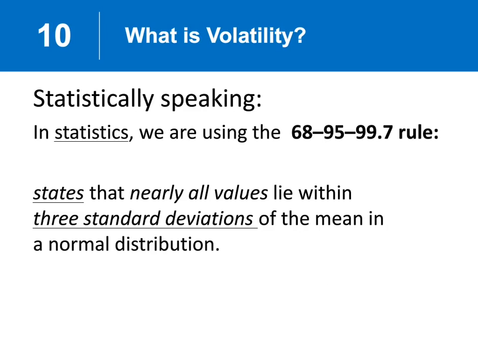Now, 68%, 95%, and 99.7% are empirical rules.